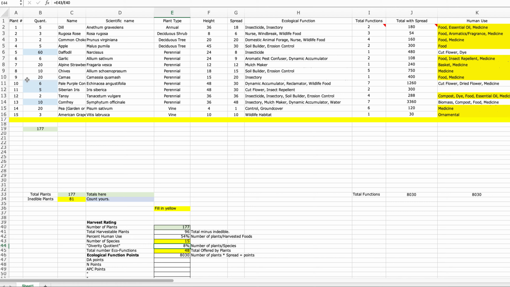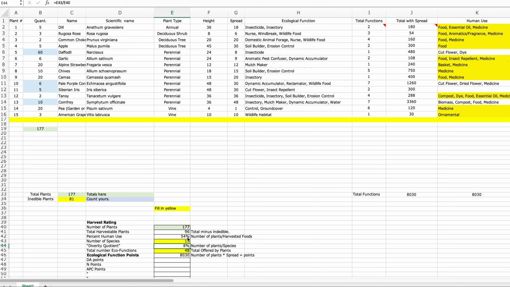I put that down, or it copies down to here in the green area, and then I also subtract from that the plants that are not harvested, the daffodil, pale coneflower, iris, and comfrey. Generally speaking, we're not harvesting those for any human use. So those are taken out, and that's the second line down here, basically 177 minus 81. 96 are total harvestable plants within this design.